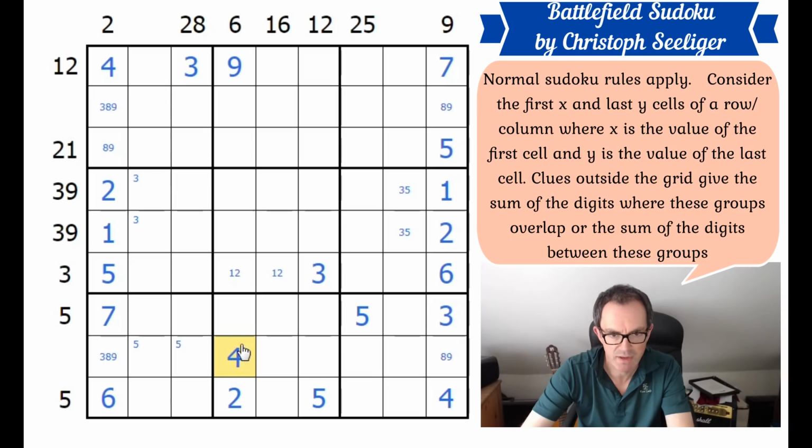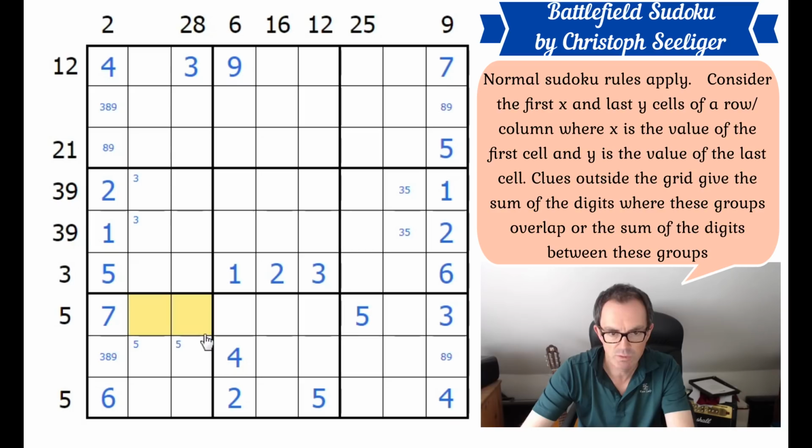That looks like it works. If we put a 3 in there, that doesn't work, because these 3 squares have to sum to 6, which means these would have to be 1s and 2s. And look, we'd have 3 cells that have to be 1 and 2 in the column. So this is a 2 here. This is a 2. This is a 4. That's forced. That fixes a 2 and a 1.